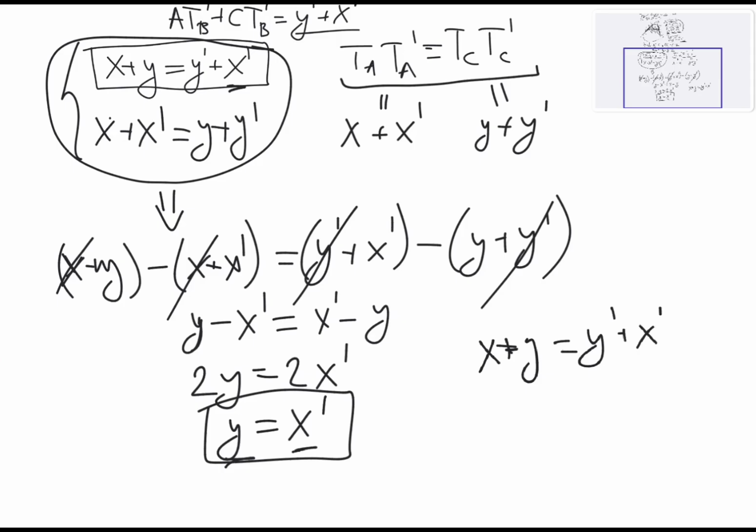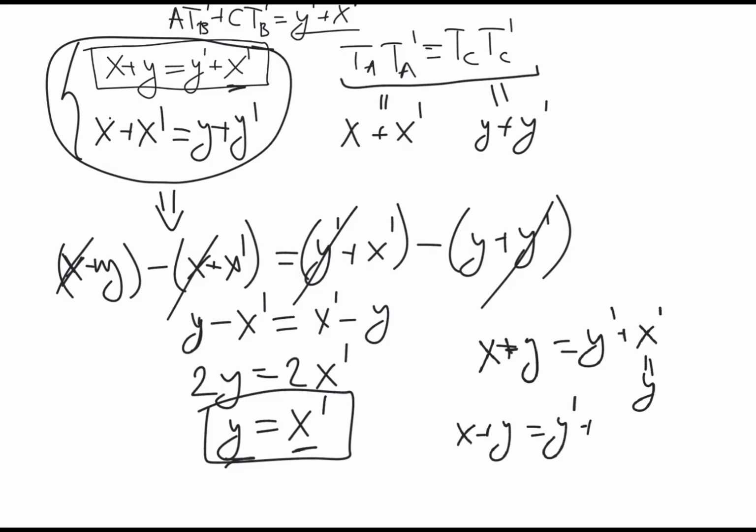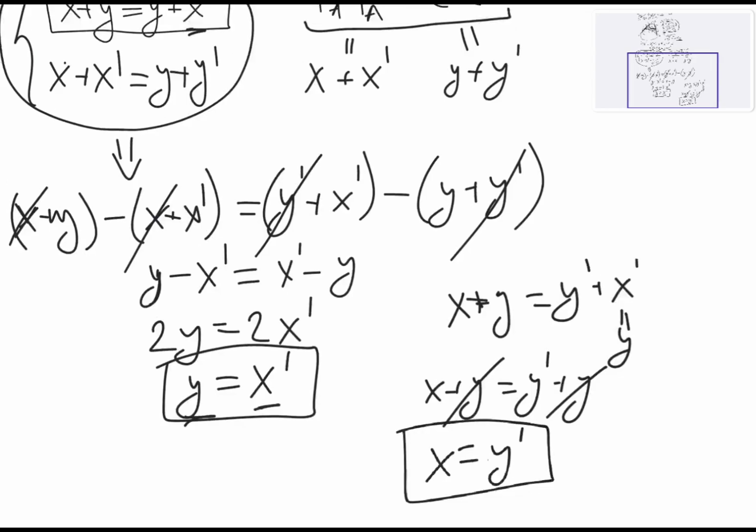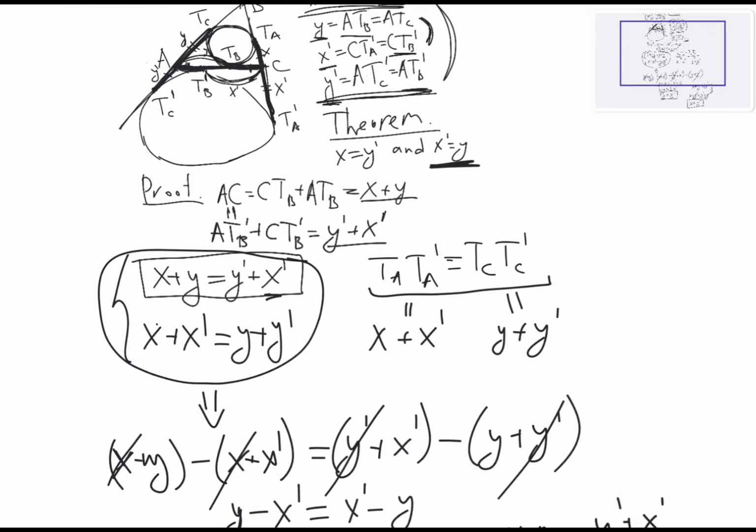Now we substitute x prime with y, and we get x plus y is equal to y prime plus y. Y and y cancel each other, and we get x is equal to y prime, which is the second equality that we needed to prove.